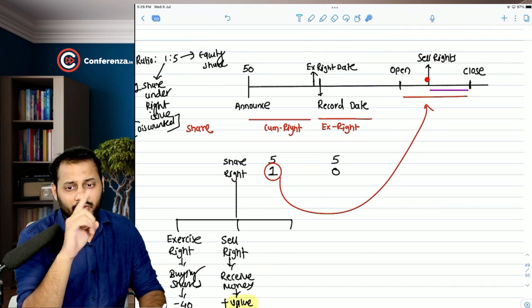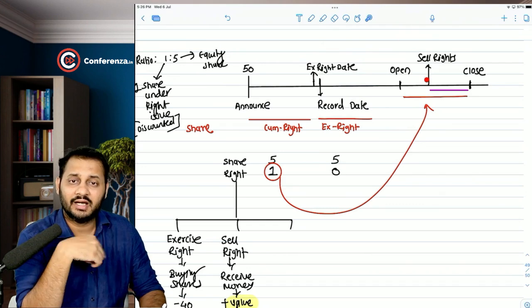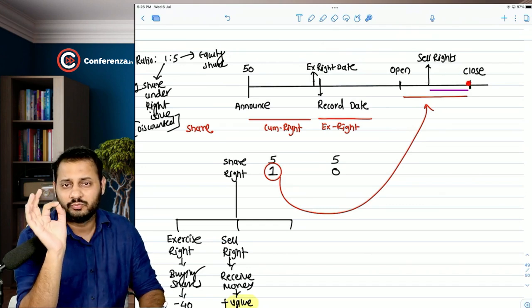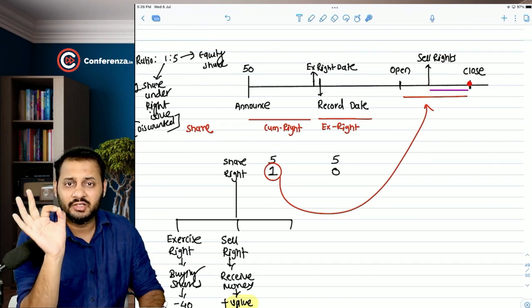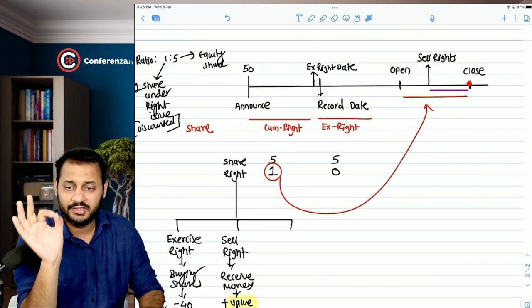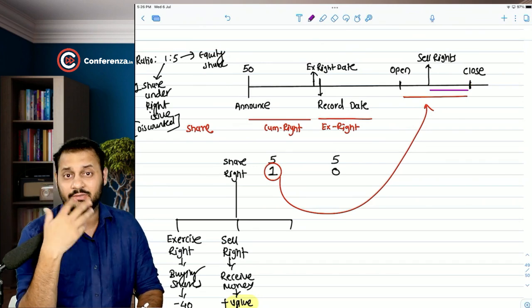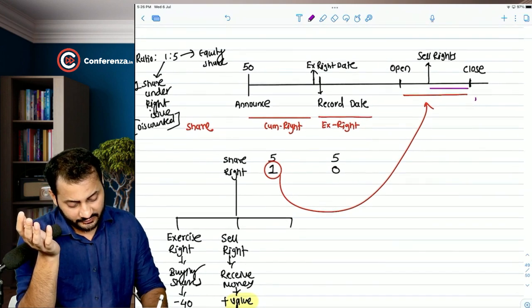If you do not exercise the right, or if you have sold the right to me and I do not exercise my right till this point. So practically speaking, or in short, if anyone who has the right does not exercise the right till this date, it will expire. So after this date, the rights will expire.